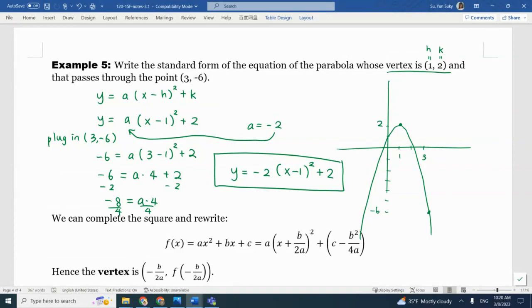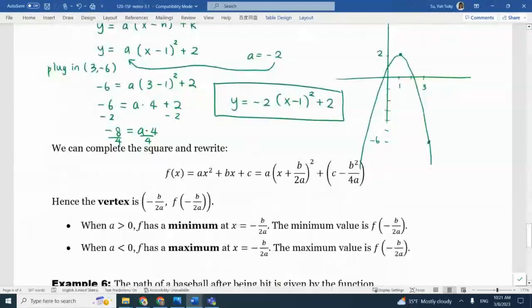Okay. So in exam 2, you also have a problem like this. As long as you memorize the standard form, you plug in the numbers and find the parameters a, h, and k, and then plug it back. Okay, everybody? Awesome. And then, yeah, the vertex is the maximum or minimum.